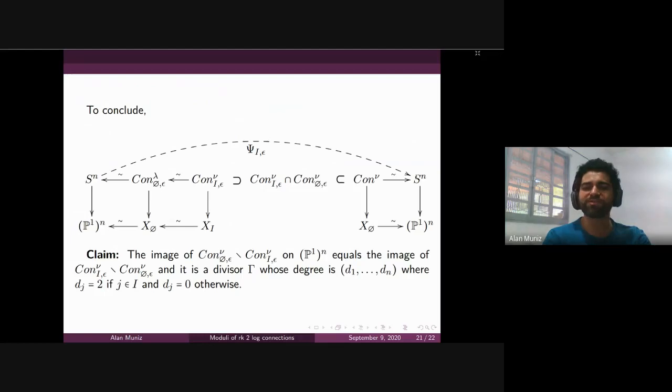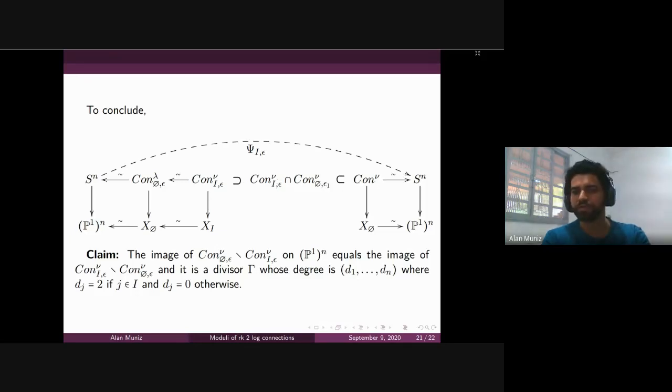And I have to say at least some word about the gluing map. The gluing map comes from this diagram. On one side we have the intersection between two of these spaces, the one for the first chamber. We have this intersection, and it's contained in here.